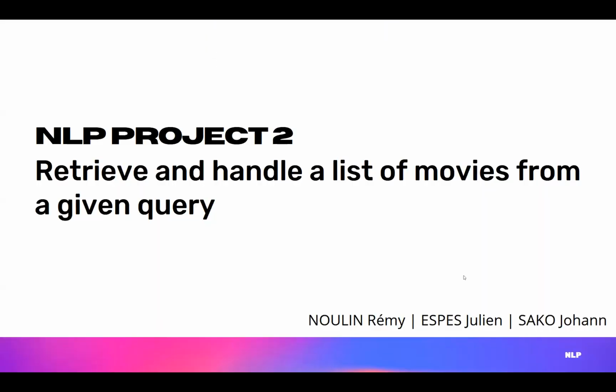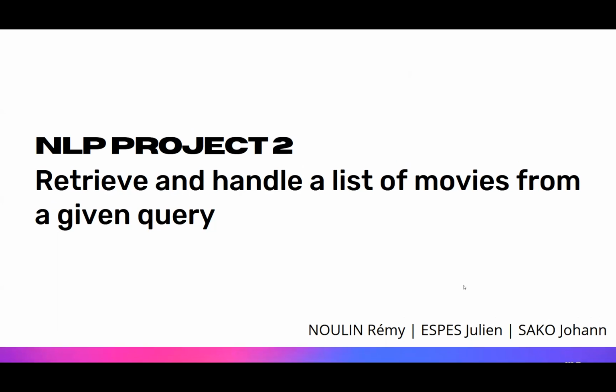Okay. So hello everyone. Today I'm going to present our project that consists of retrieving a list of movies for a given query from a movie script dataset from imsdb.com.